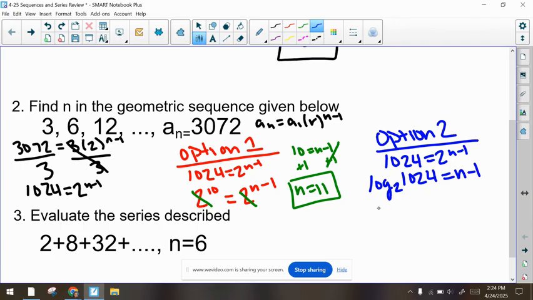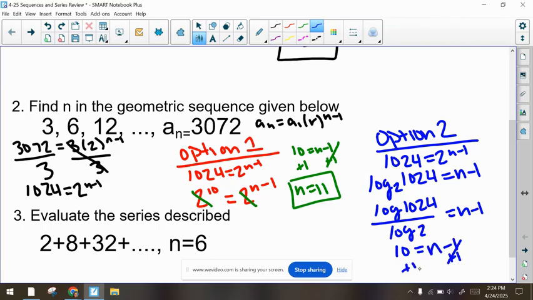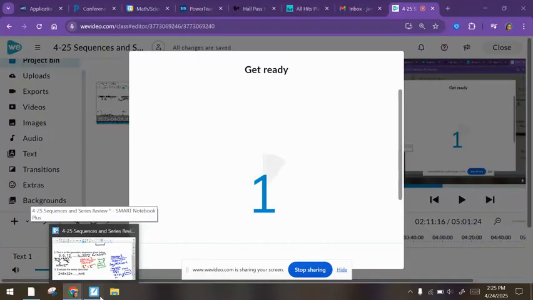When I evaluate this log, I could type it in as log 1024 divided by log 2, and it's still equal to n minus 1. Log 1024 divided by log 2 is 10. And again, if 10 equals n minus 1, and I add 1, n is again 11. So those couple of questions on today's review, you have some options on.